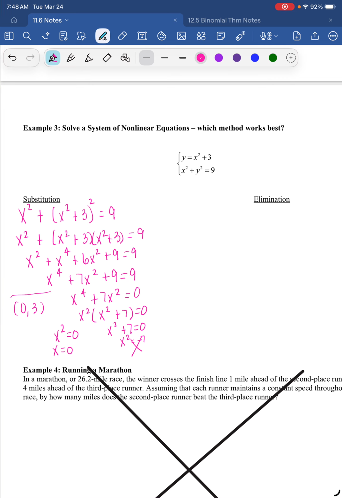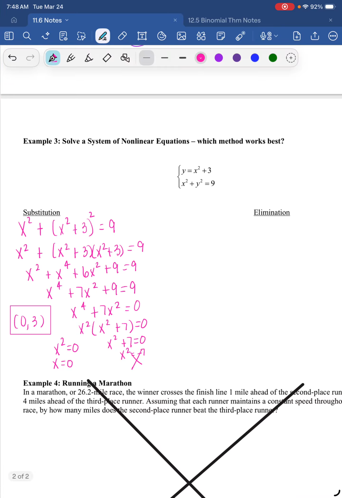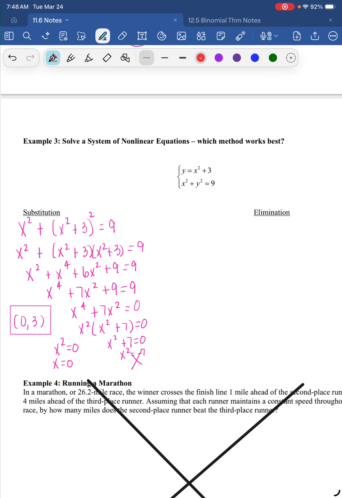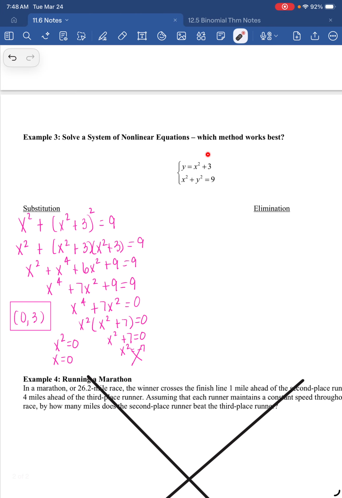Okay, that's substitution. We should get the exact same answer using elimination. So elimination, you should add or subtract two equations together and try to eliminate a variable. The problem with this system set up the way it is, the variables aren't lined up. You should have the y's on top of the y's, the x's on top of the x's, and in addition, the equal signs aren't lined up.